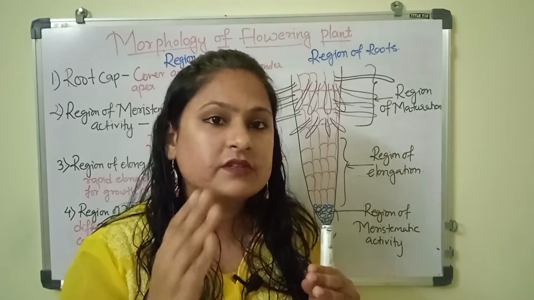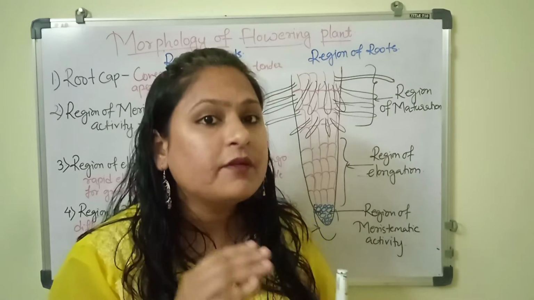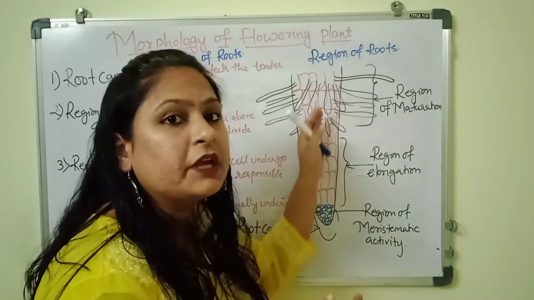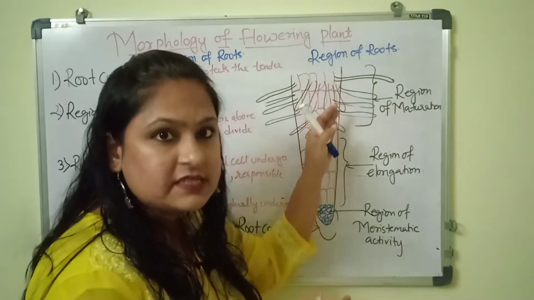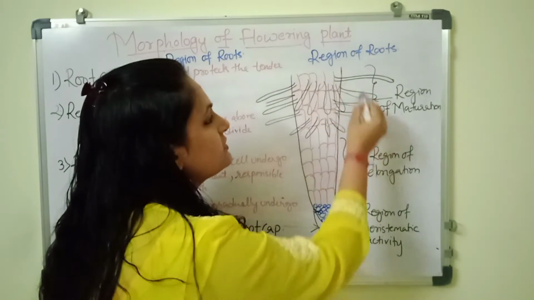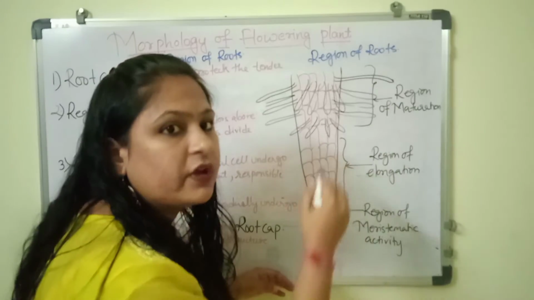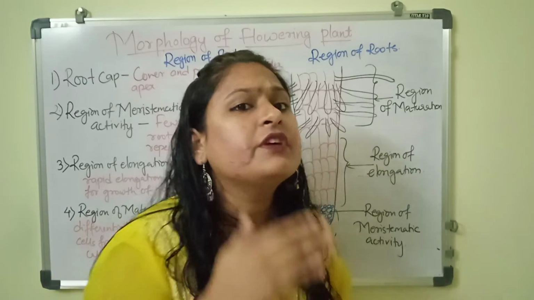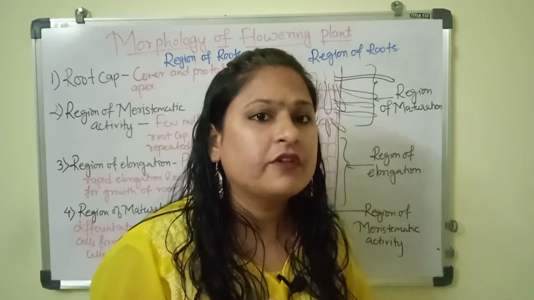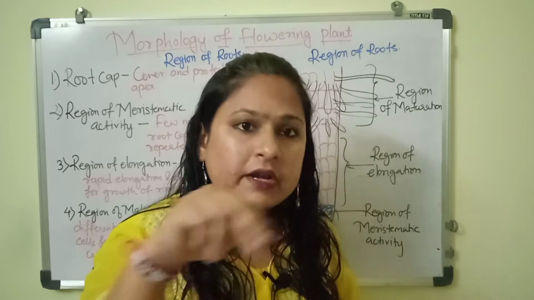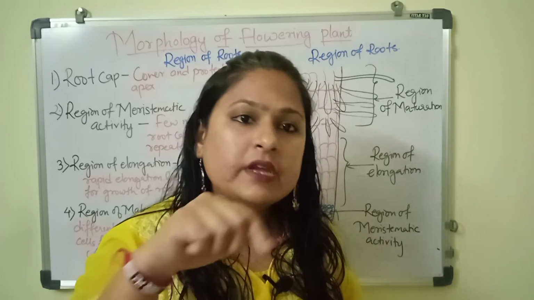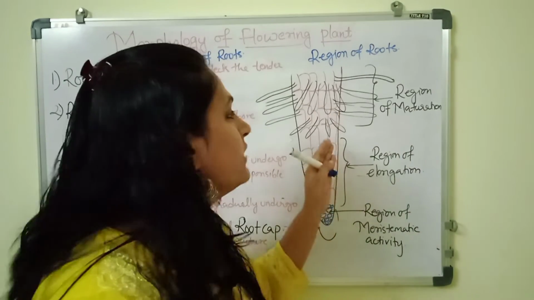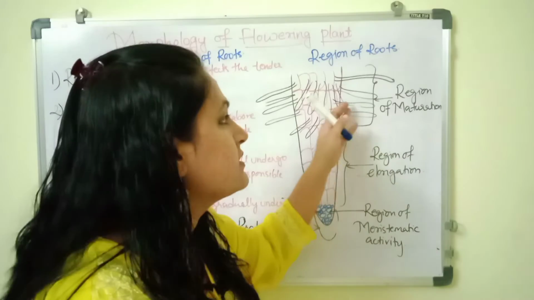Those different types of cells are formed, and that process is called differentiation. When you cut a section of the root at this region, you will observe different tissues and layers of cells: the epidermal region, cortex region, and the stele, the vascular region with vascular bundles.